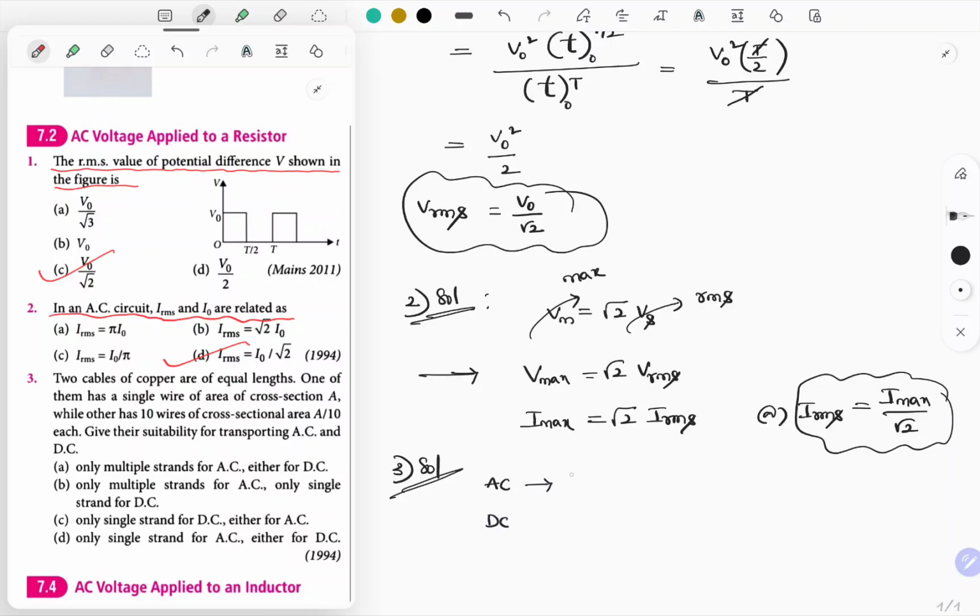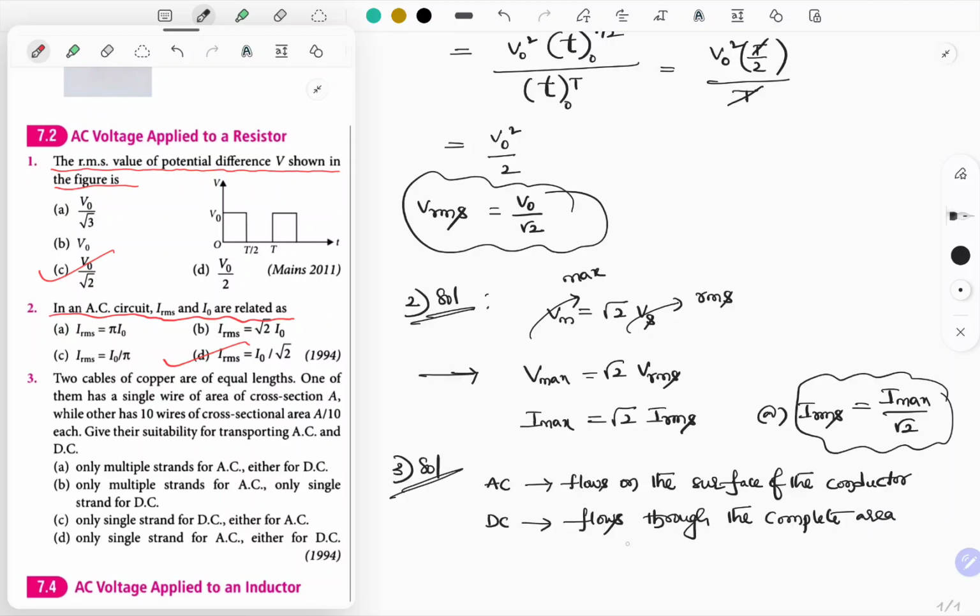So AC supply flows on the surface of the conductor, whereas DC flows through the complete area of the conductor.